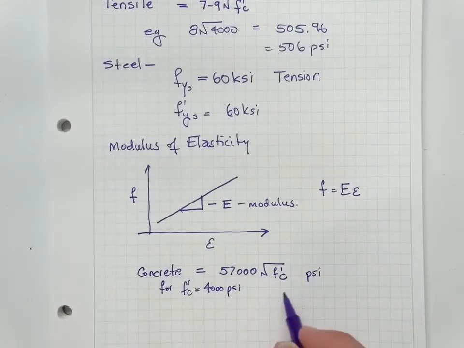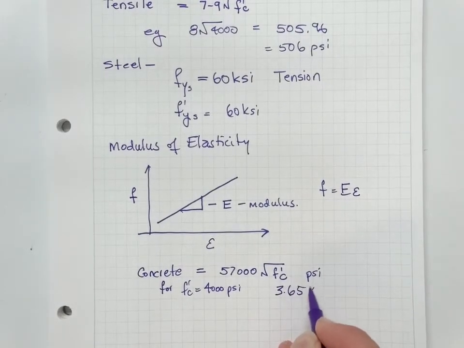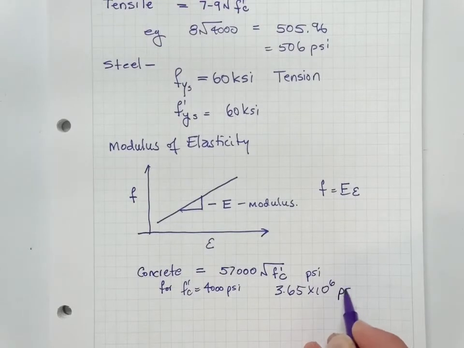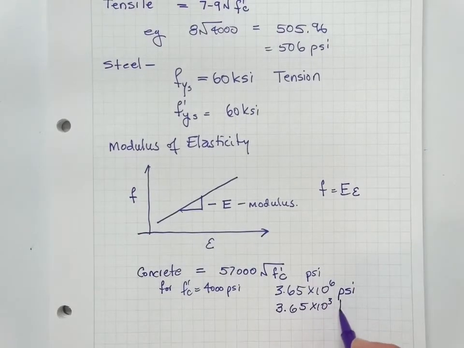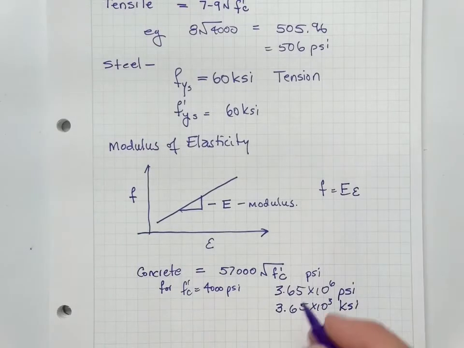Yep, very good. 3.65 times 10 to the 6 psi, or 3.65 times 10 to the 3 ksi. Oh, it's actually 3.605, sorry.